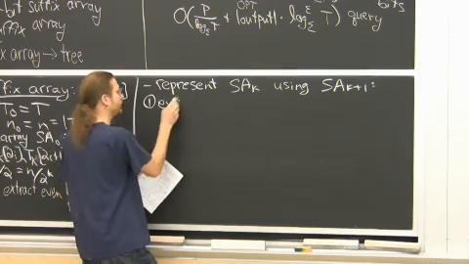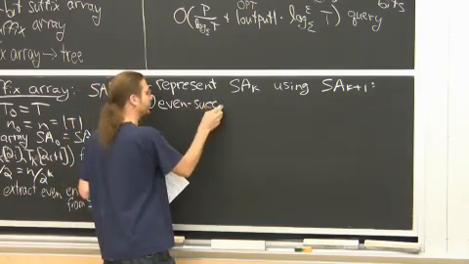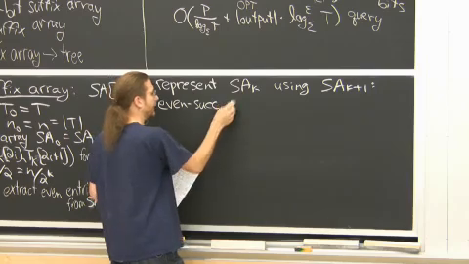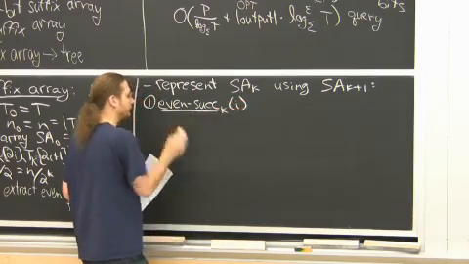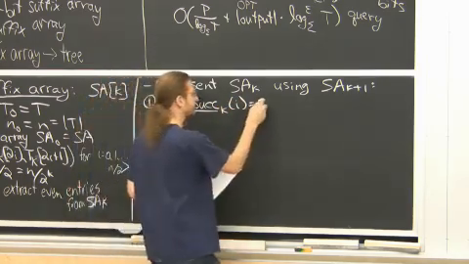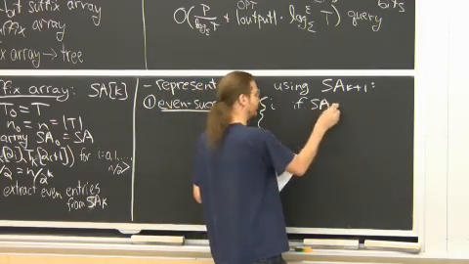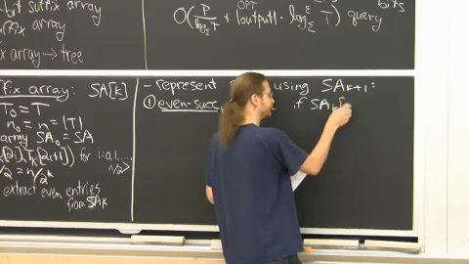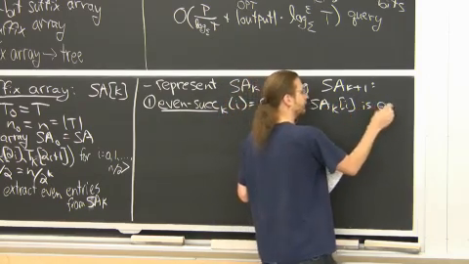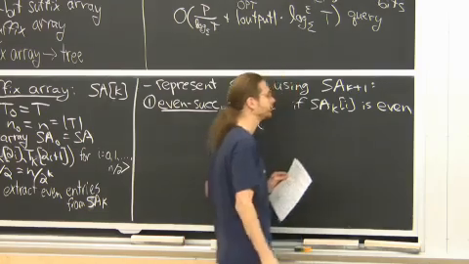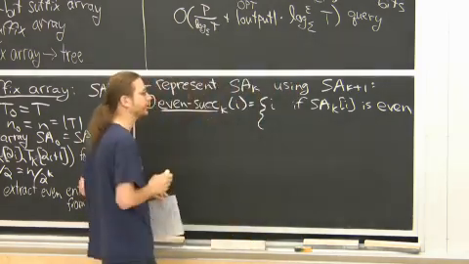Okay, the first thing is called even successor, sub k of I. So let me define it. It's going to be I if the ith suffix starts at an even position. So it doesn't do anything for the even guys.